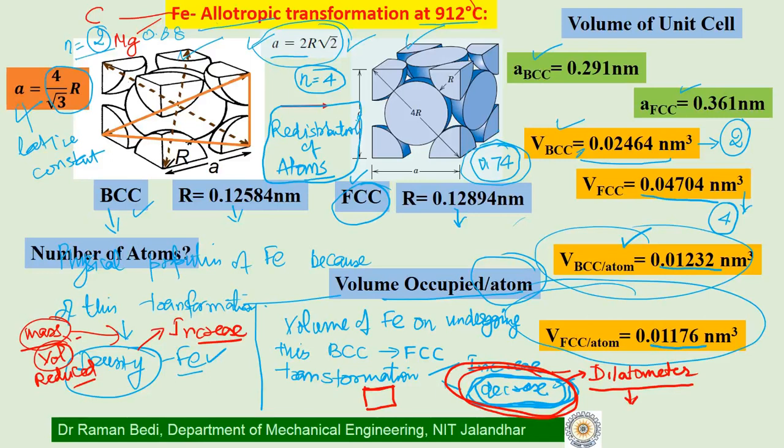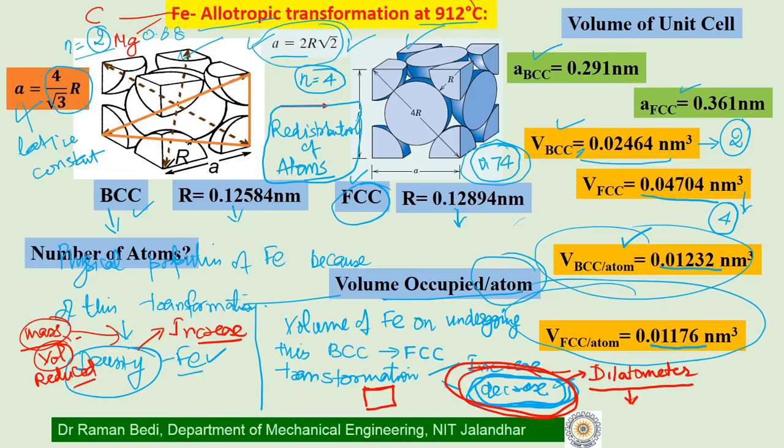We keep on measuring the change in volume. It's a very precise instrument because the volume change is very small. Actually, when you calculate it, you will see that the volume reduction is nearly 4%. So we can see that the temperature at which this volume starts decreasing on heating iron or an alloy of iron and carbon is the start of this transformation from BCC to FCC.